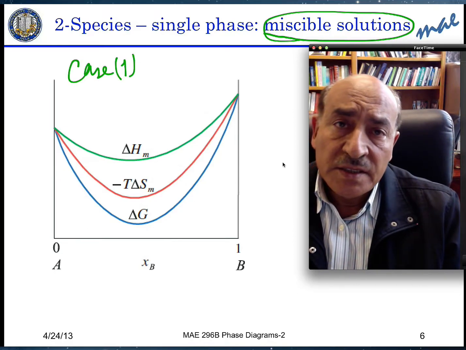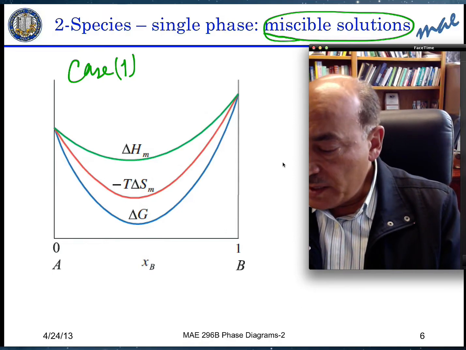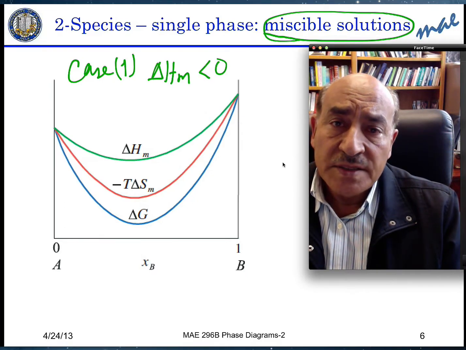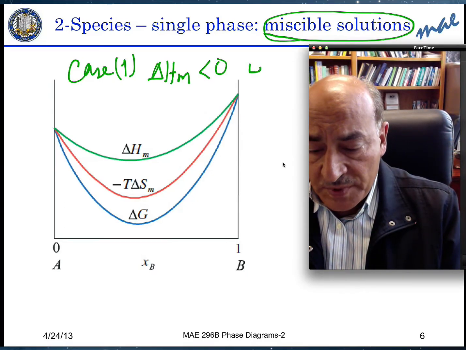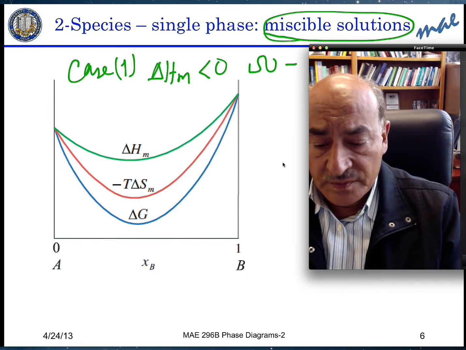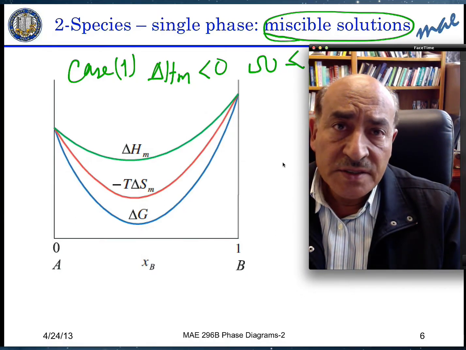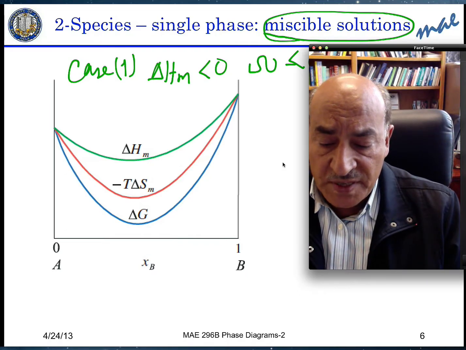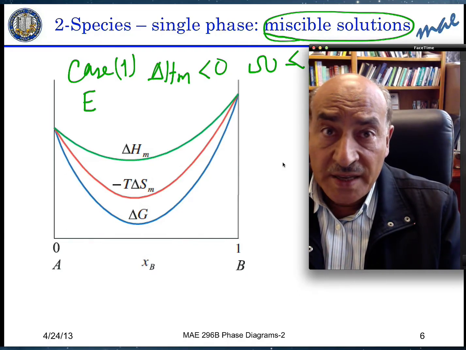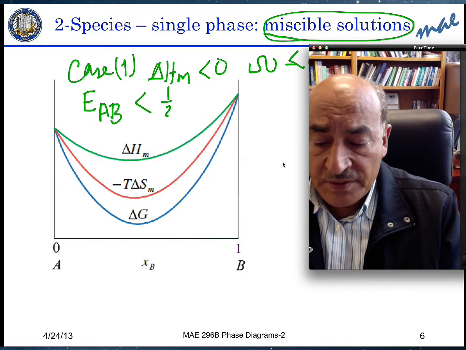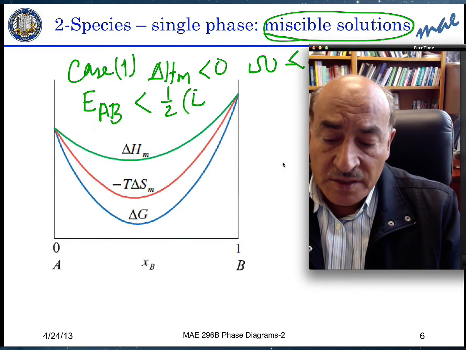And in this case, let me write it here, case 1. In this case, delta H mixing is less than 0, it's negative, and the omega parameter in this case is also less than 0. It means that, mathematically speaking, the bond energy between A and B is less than one half of the sum of the energies of AA and BB.